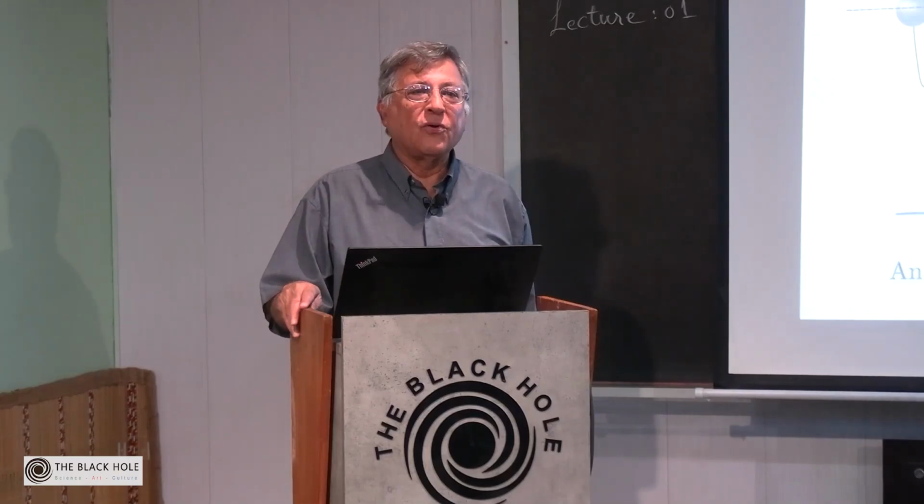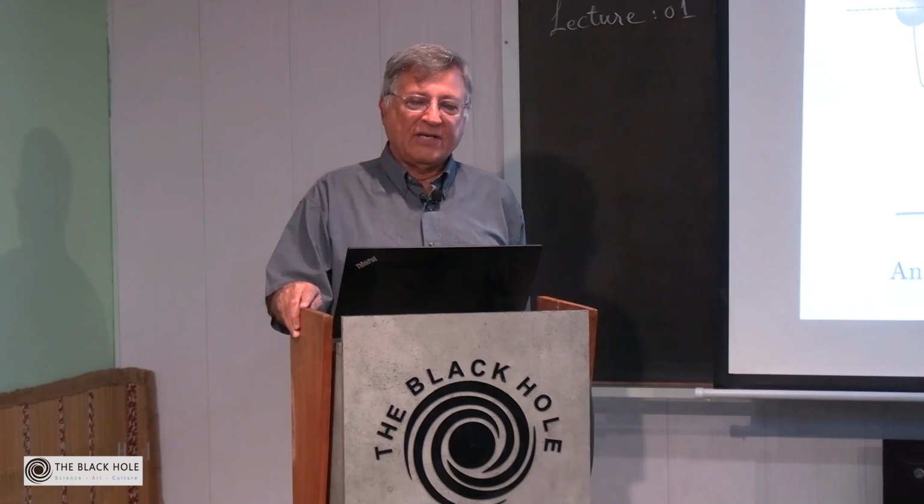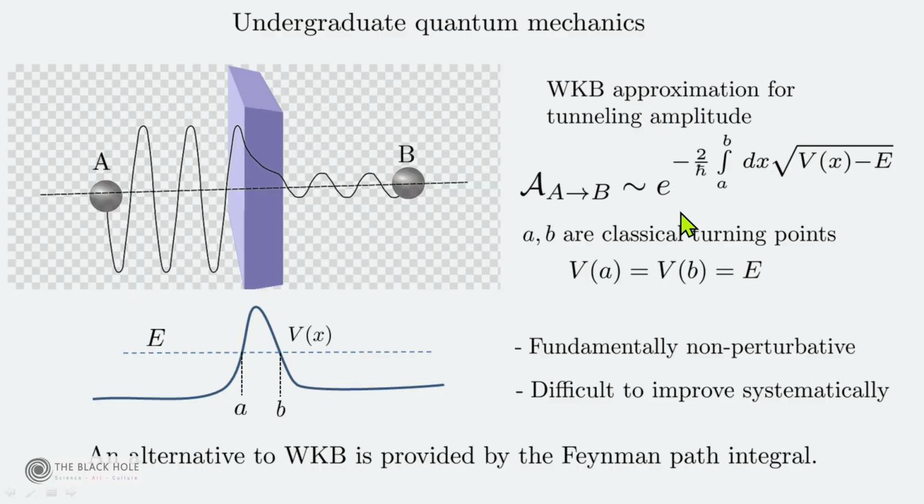But when you do undergraduate quantum mechanics, then you learn a little more, and you learn that if there's a particle, which is on this side, A, and it has a certain energy, and that energy is not enough to go over the barrier, yet it can tunnel through to the other side, get to position B, and all who have read undergraduate quantum mechanics have studied the WKB approximation.